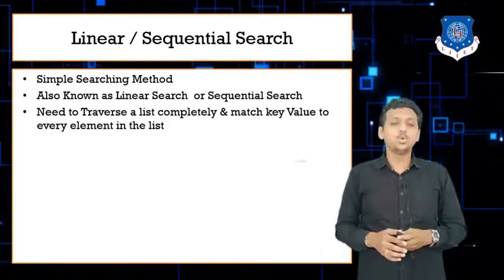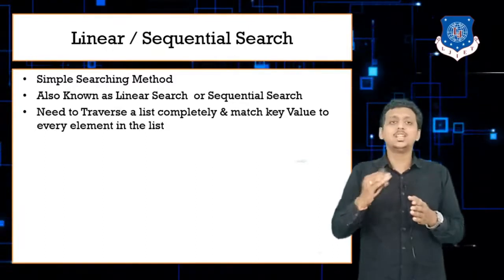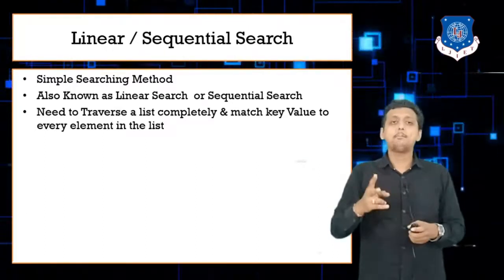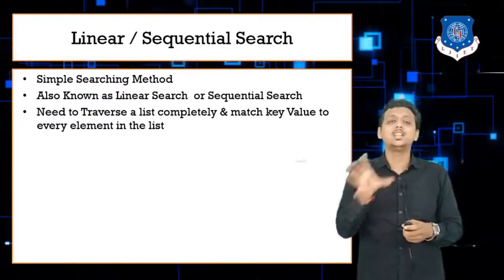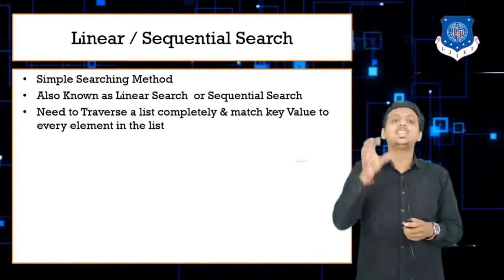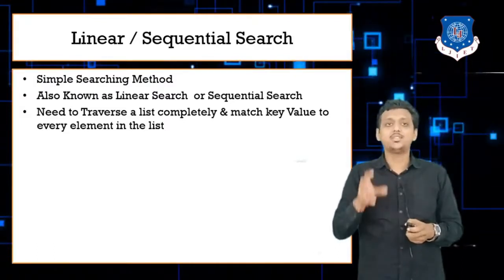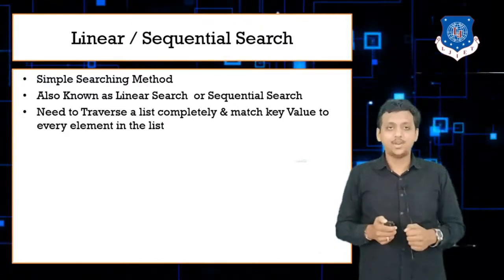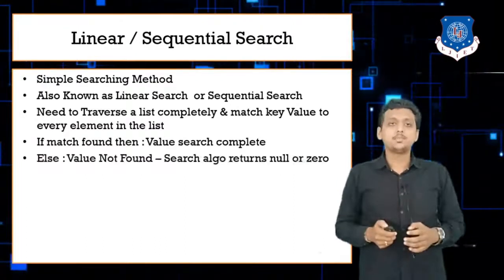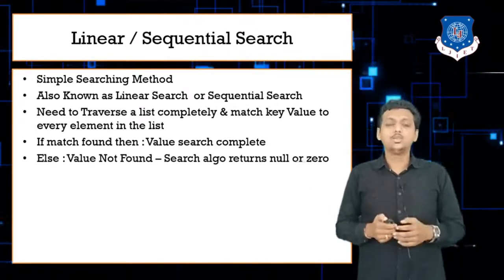What you need to do here is traverse the whole list and compare your key value, the value that you need to search in the list, with each and every element. If you get the answer, then write down yes, my answer is here, else there is no element found. If it matches, then you can say value search complete, else no value found.